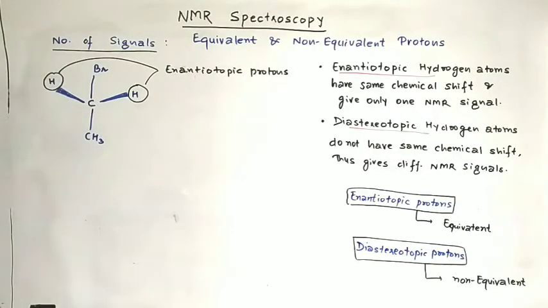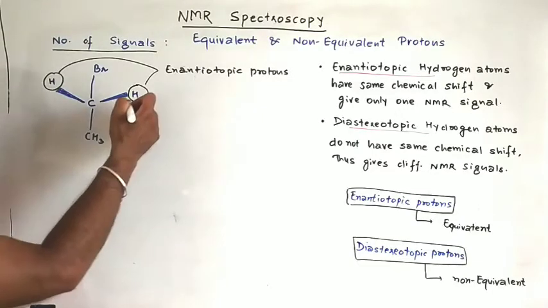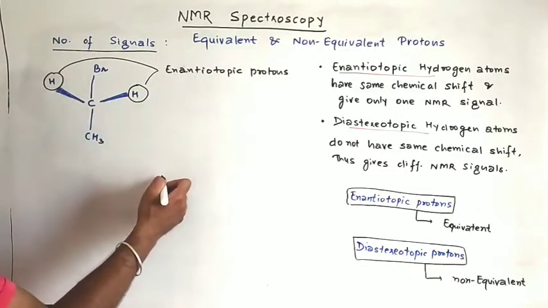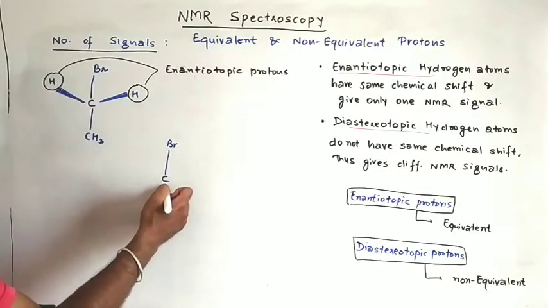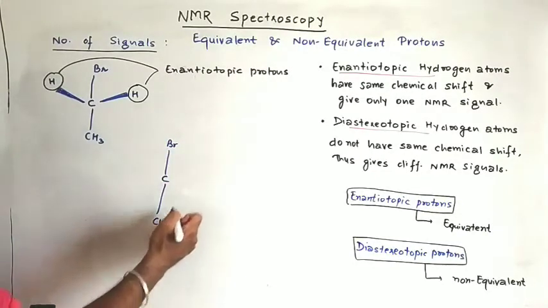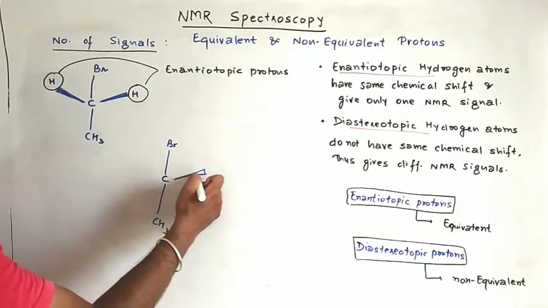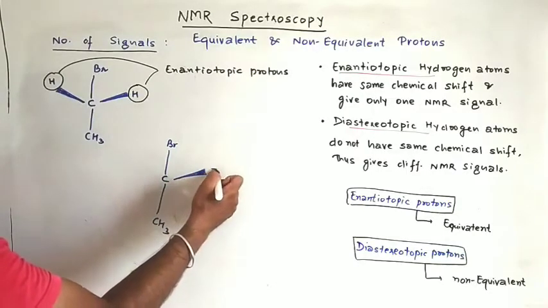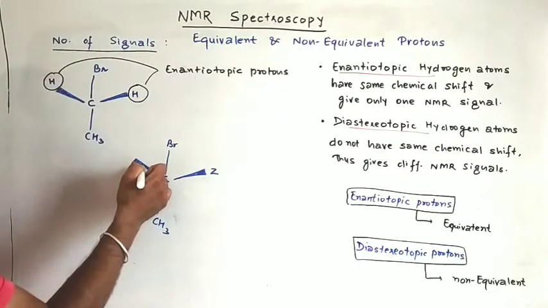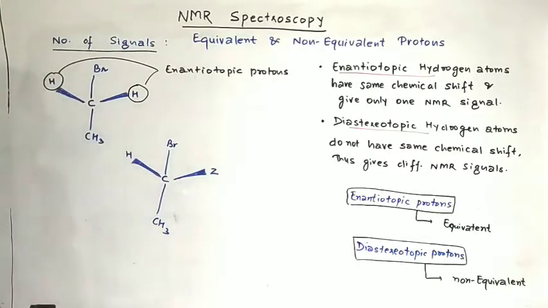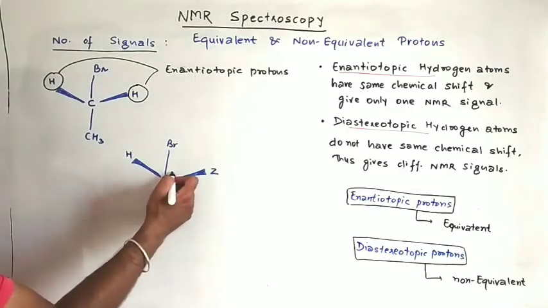Now, how are these enantiotopic protons? We just check it. We just replace the hydrogen by some other group. Like I am going to replace this by some other group, so the compound will form like this, Br, methyl here. Suppose I replace this proton with another group, that is Z. So this one isomer is formed. Now this carbon is a chiral carbon.